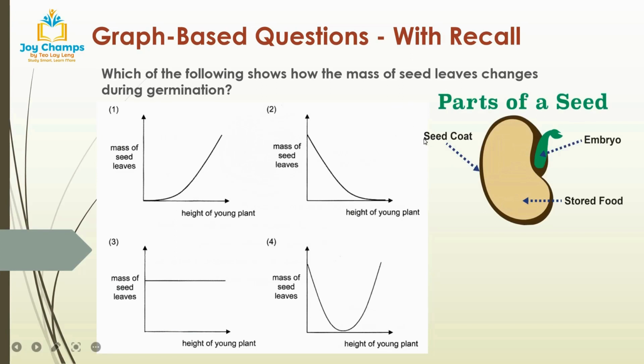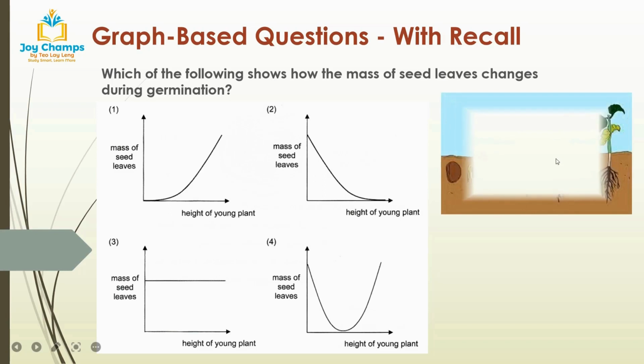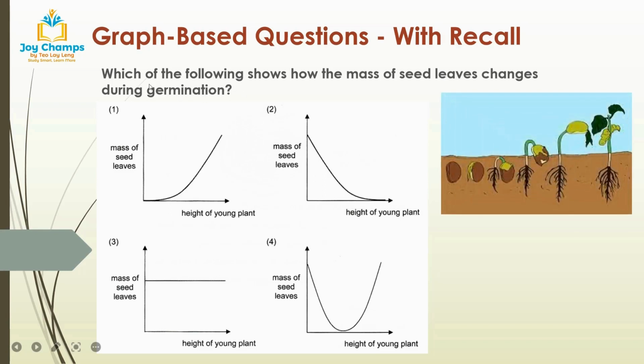The seed coat, which is to protect the seed, the embryo, which is the young plant, and the light brown portion, the seed leaves, which serves as a food store to supply food to the young plant for it to grow. Then, germination. You need to know that germination is the process whereby a seed sprouts and grows into a young plant as shown in the diagram on the right.